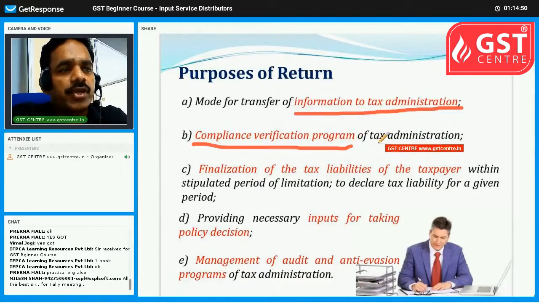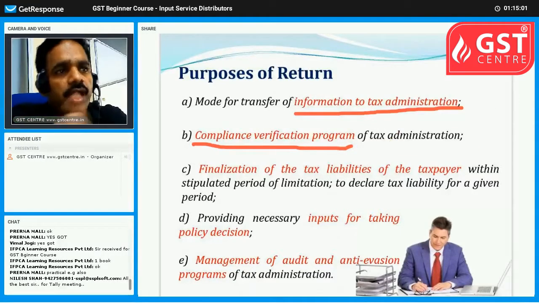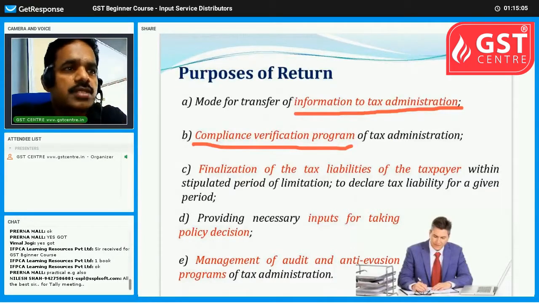And compliance verification means the tax authorities will think, prima facie, that if a person has filed his return properly, then he is a person who has complied with the law. That is a prima facie impression.